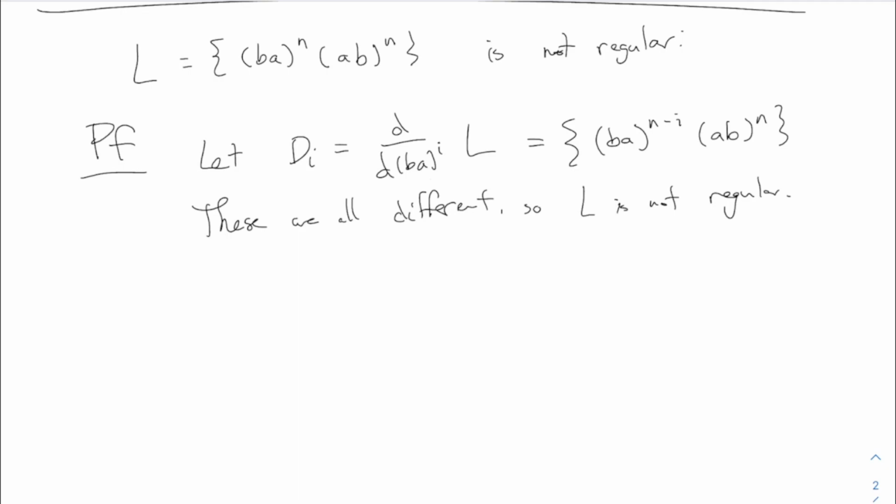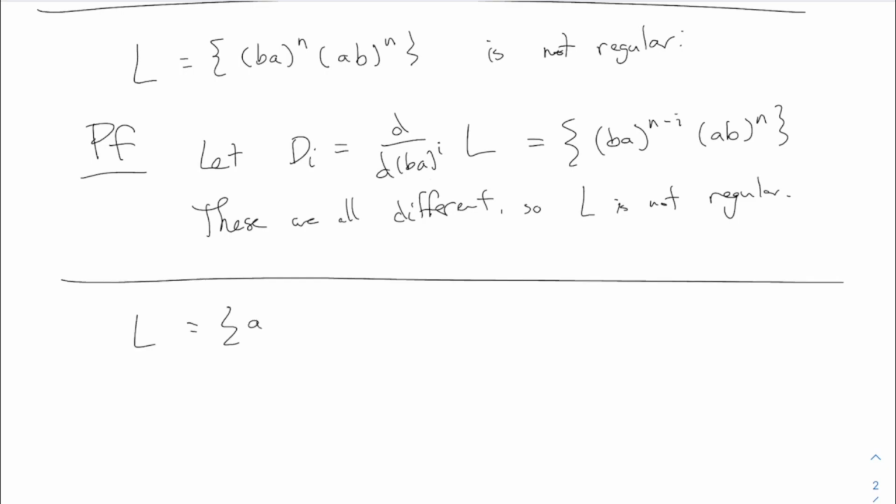Here's another simple one, you just kind of have to see these once to figure out what you should do. How about this? A, B to the n, A to the n. This one is weird because we have one stray extra A at the beginning.